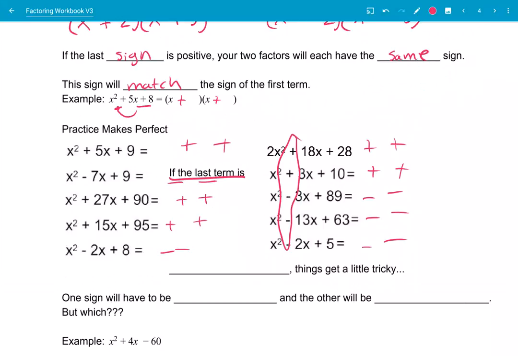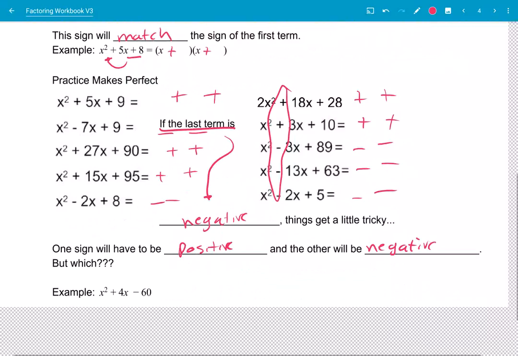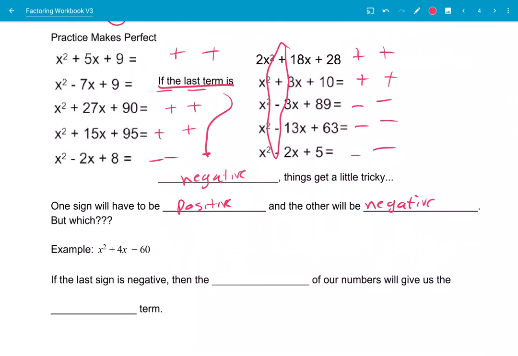However, if the last term is negative, things do get a little tricky. This means one sign has to be positive and the other has to be negative. However, I want to make it easy on you. There's a different way to think about this.